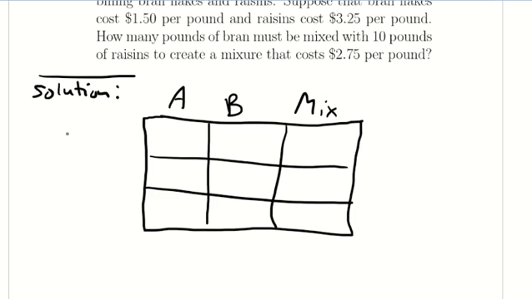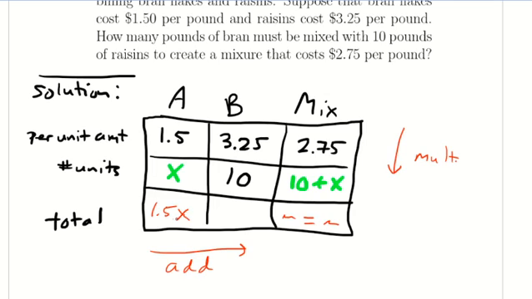What we don't know, what we're trying to solve, is the number of pounds of bran. So let's make that x. If you add across, note that that means that the mixture must be 10 plus x pounds. Then we multiply down to get $1.50 times x for the total price of the bran flakes.